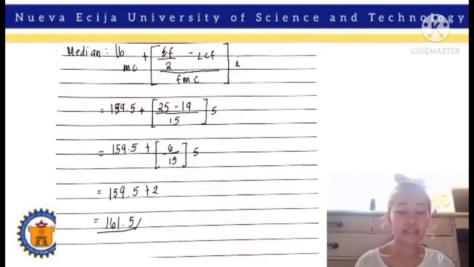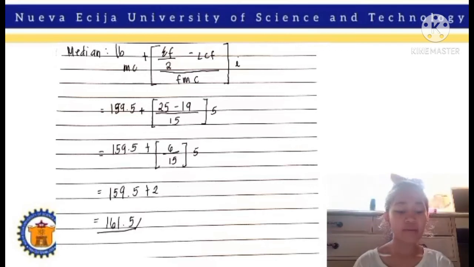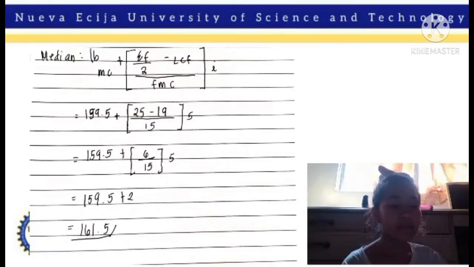And the cumulative frequency greater than or equal to half the total frequency is 34, just after 19, and its lower boundary is 159.5. Now we have the formula: 159.5 plus 25 minus 19 divided by 15 times 5.